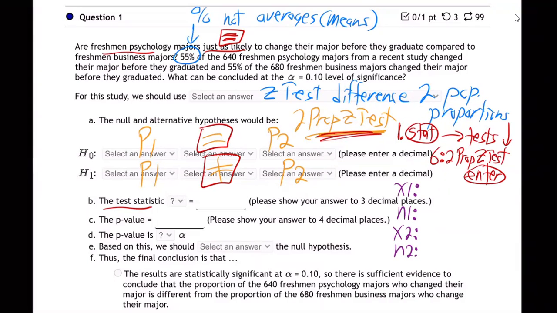And what do we do for x1? What is x1? That'd be 0.55 out of 640. Yeah, right. x1 is the number in the first group. You're right, it's 0.55 times the 640.